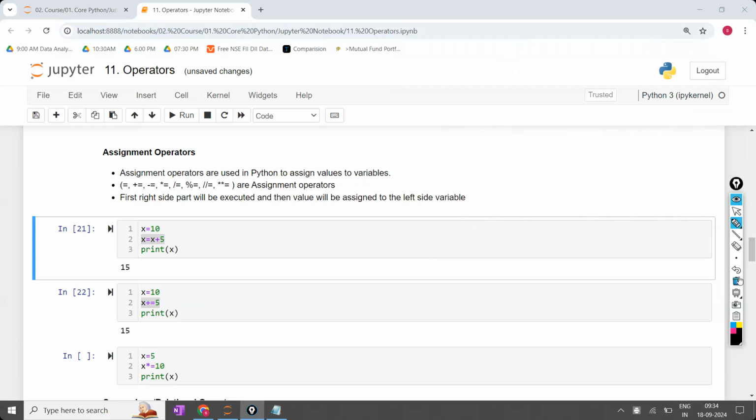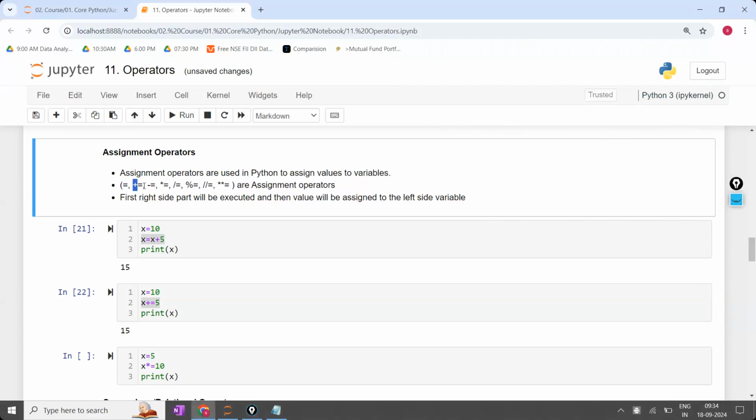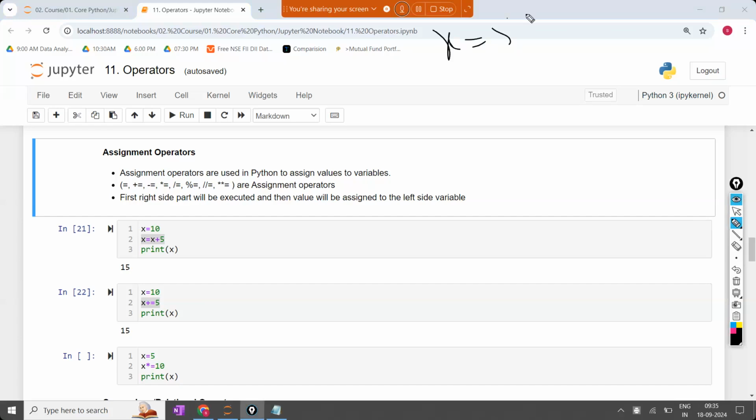So here basically you are having only one symbol called equal to, along with that plus equal to, minus equal to, multiplication equal to, division equal to, modulo, floor division and power. Basically the assignment operator will assign. So if you write x is equal to 5, and x plus is equal to 5, what happens?